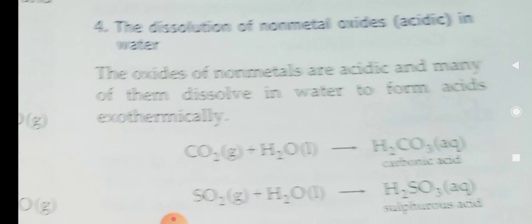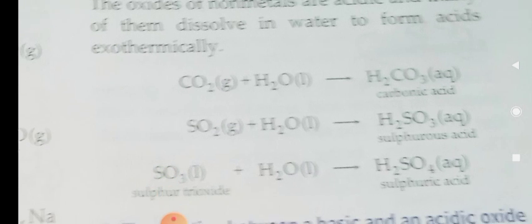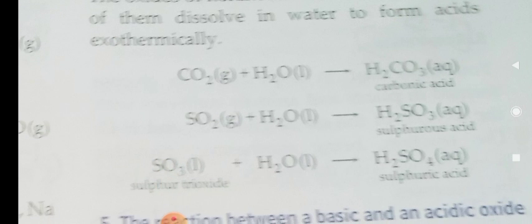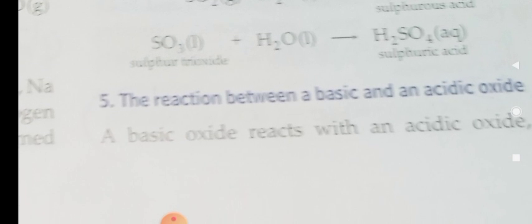Then the dissolution of non-metal oxides, which are acidic in nature. When they are dissolved in water, that also emits heat energy. For example, carbon dioxide, when dissolved in water, forms carbonic acid. During this process heat energy is released.